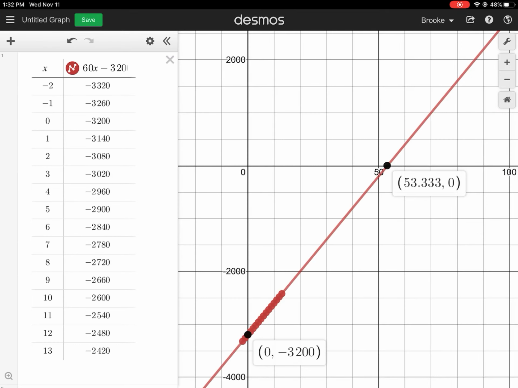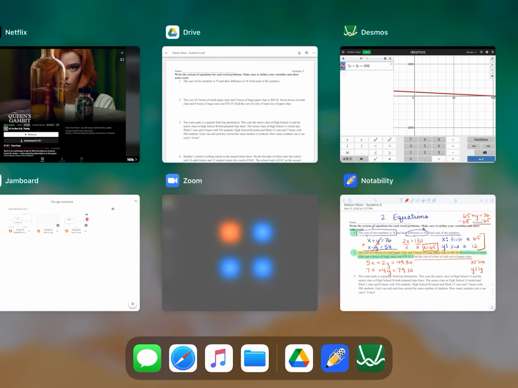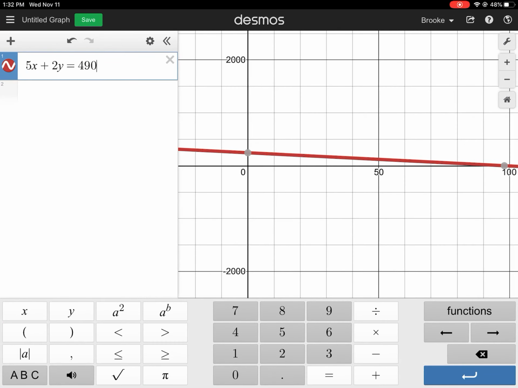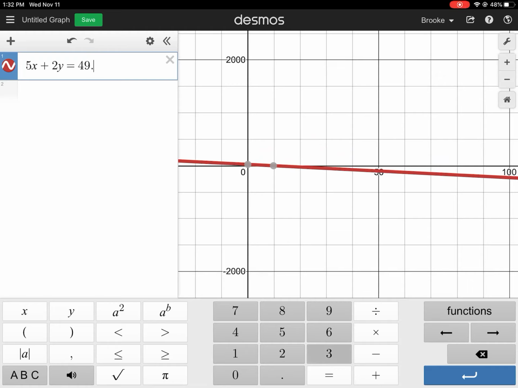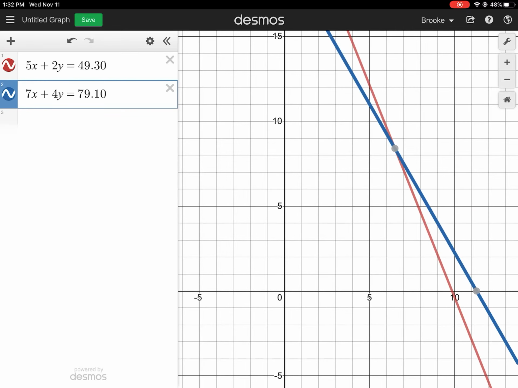So 5x, 2y, okay, so hopefully I can remember this. 5x plus 2y is equal to 49.30. And then the other one was 7x plus 4y is equal to 79.10, right?